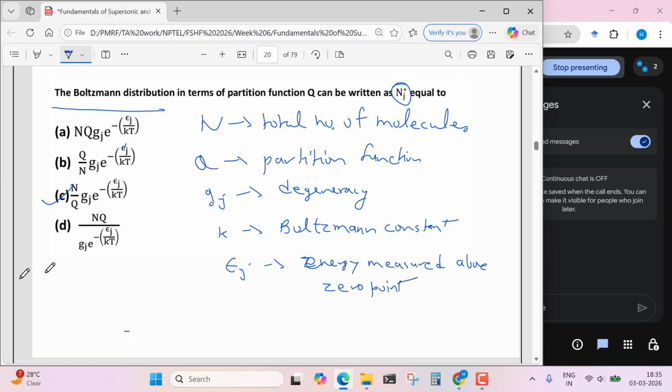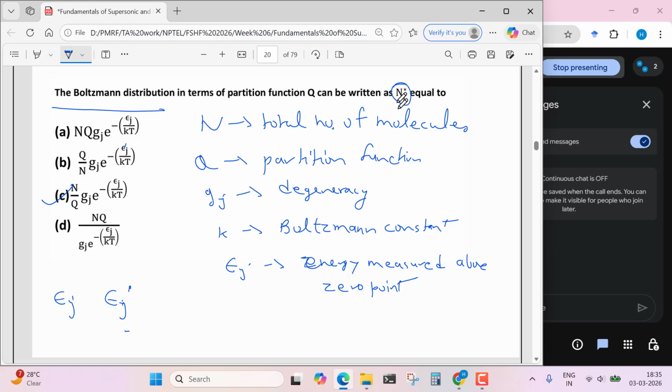Now one thing to pay attention to is that epsilon j is different from epsilon j dash. This epsilon j is taken above the zero point energy. It means that if from the epsilon j dash we remove the zero point energy, then we'll get the epsilon j.